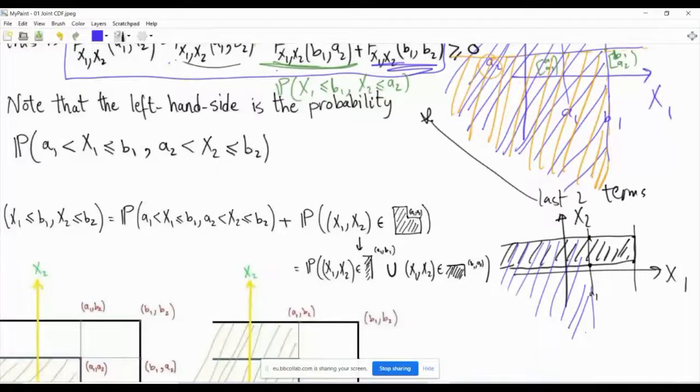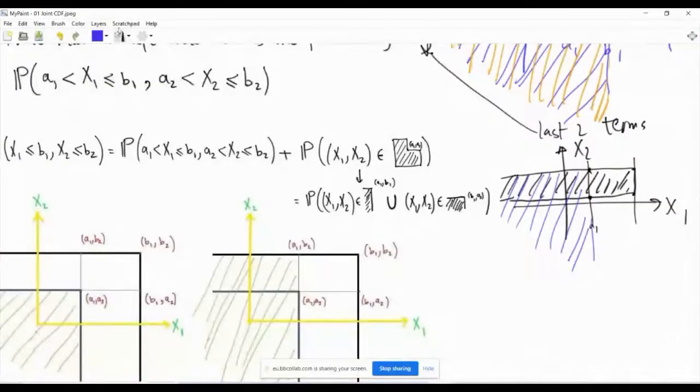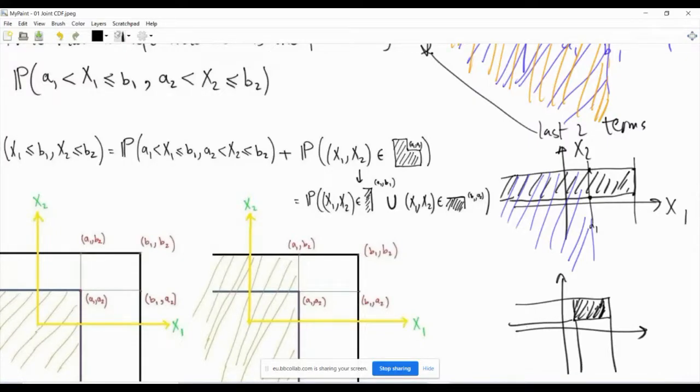So when you subtract this, what will happen? What you get is the probability of this box here, because you subtracted this. But also there is something here: this part is subtracted twice.